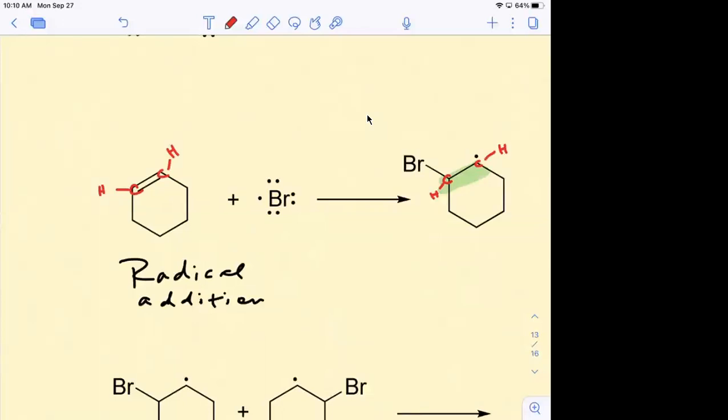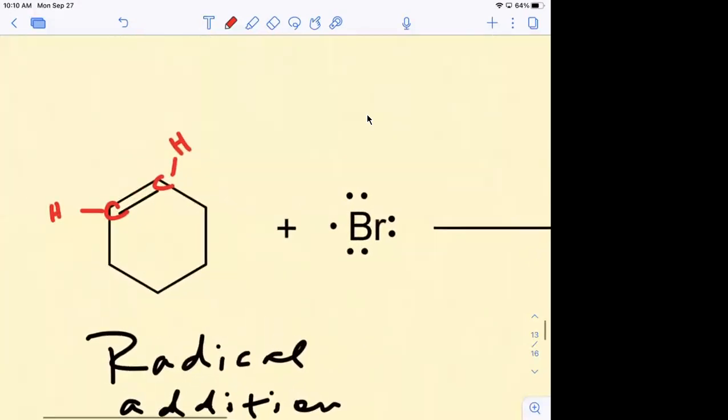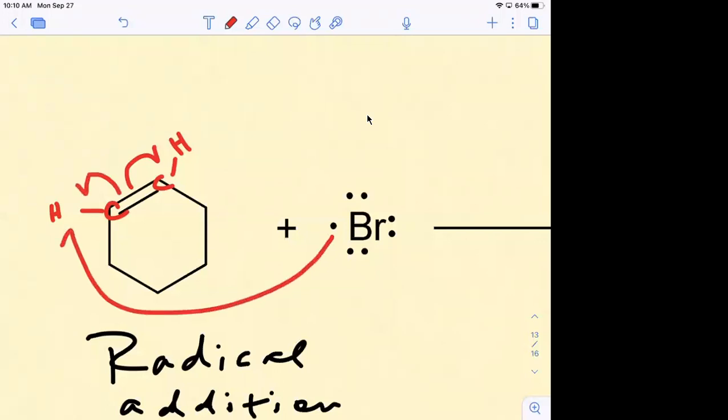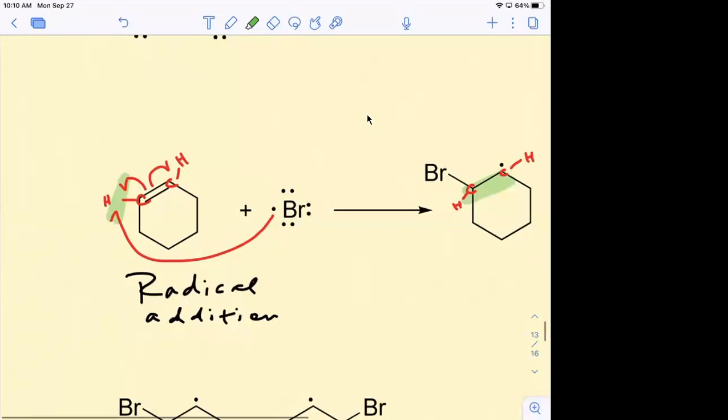Yes, to make a carbon-bromine sigma bond. And then the other one just ended up here. So I can write this like this, and then I'll write the bromine coming here. So these two coming towards each other means I'm making a bond on that carbon with bromine.